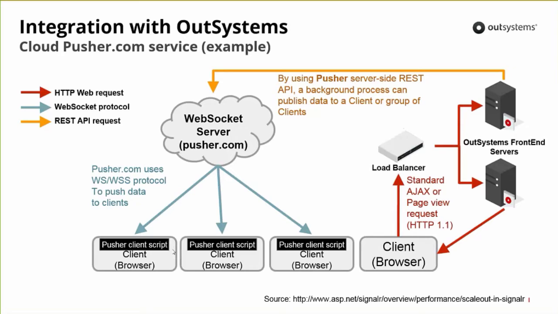The entire WebSocket infrastructure is provided by Pusher.com, and it's extremely easy to integrate with, as I will show briefly. The authorization with the Pusher.com service is done through an API key that is used from the JavaScript code and also from the server-side API.